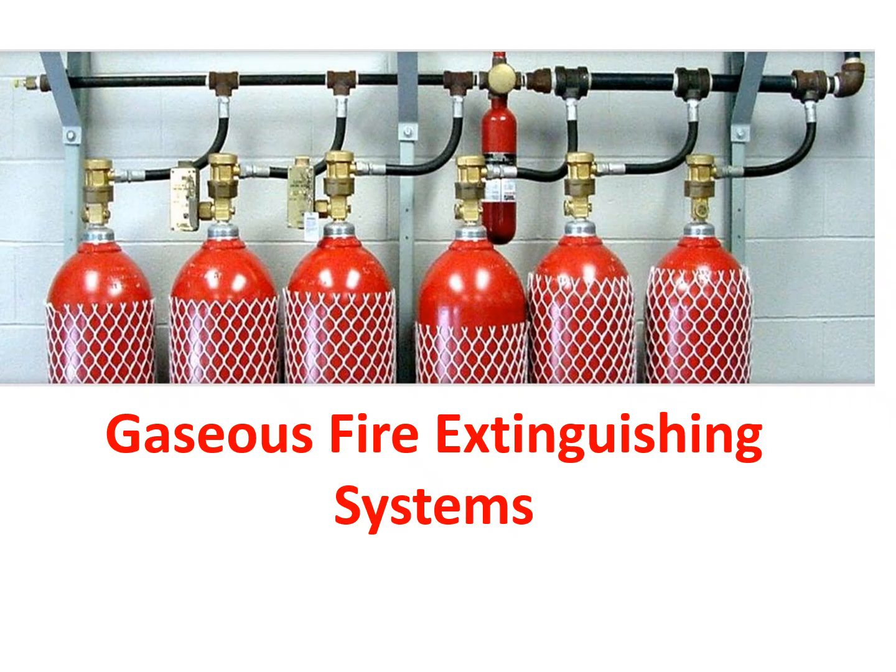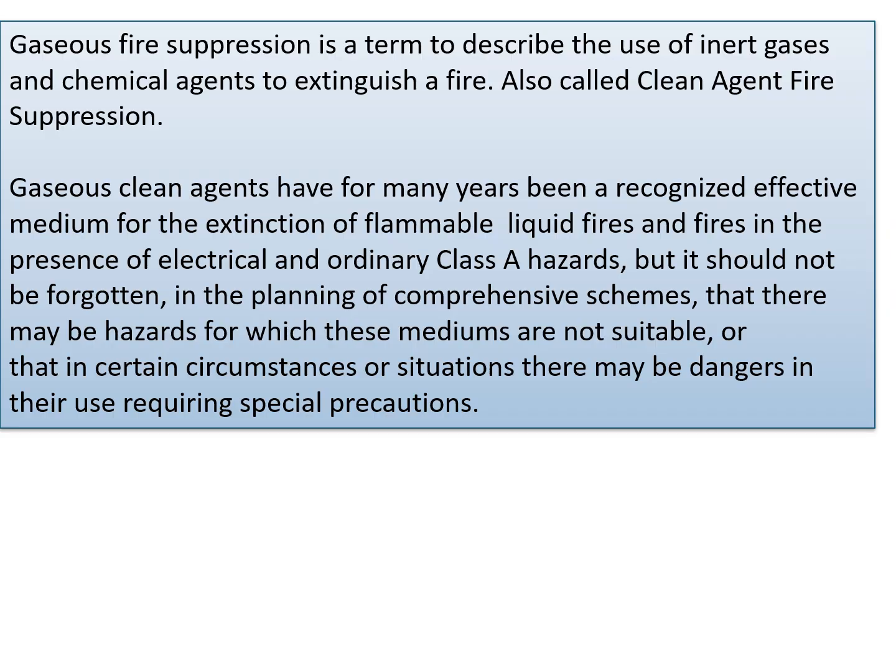Friends, this slide shows you a bank of cylinders tied together so as to use as a gaseous fire extinguishing system. Friends, once again some more points about gaseous fire suppression system. It is a term to describe the use of inert gases and chemical agents to extinguish a fire, also called clean agent fire suppression systems.